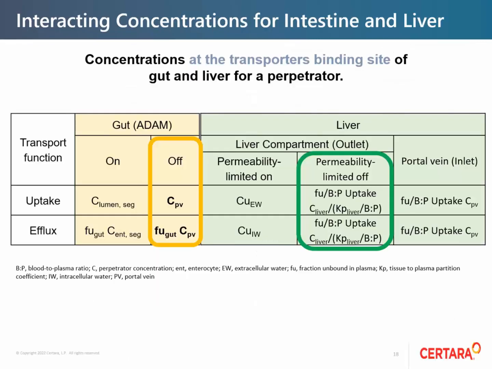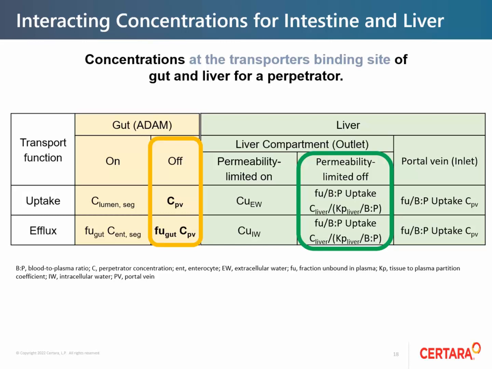Another point that I would like to get across is that while running a simulation, there might be different combinations of model options available for the substrate and the main inhibitor, and in each case, the closest surrogate concentration is used. So for example, if you have a perpetrator compound model that is expected to have gut interactions, and it also has the ADAM module activated, then the exposure relevant in the interaction site, for example, for efflux transporters, would be based on the concentration available in the entire site and combined with the data on fraction unbound of the compound in gut enterocytes to get the unbound fraction of that perpetrator.